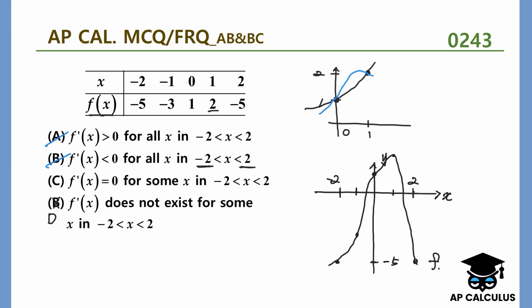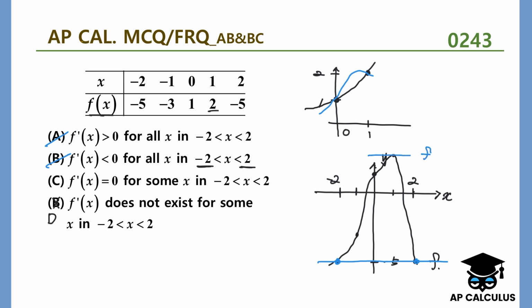Okay, this is a differentiable function, right? The slope of a secant line that passes through these 2 points is equal to 0. Slope of this is 0. It's a horizontal line, right? Then we must have a tangent line between these two x values such that the slope of the tangent line is equal to 0, right?